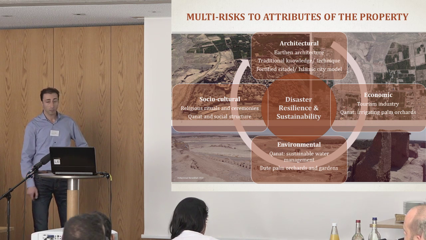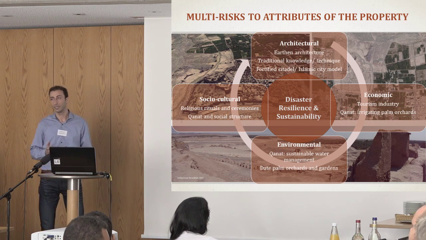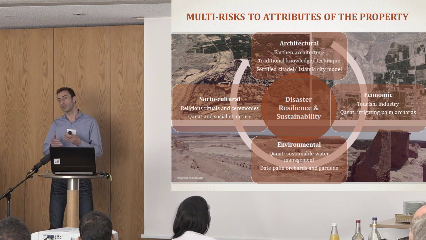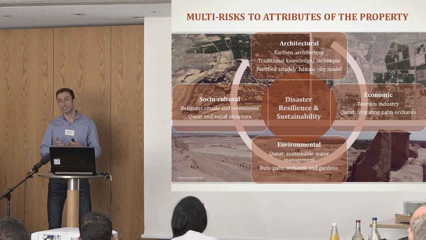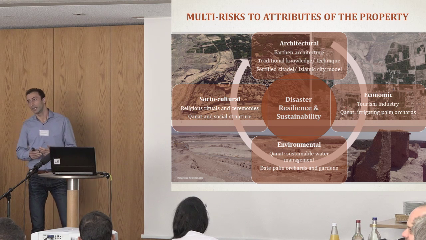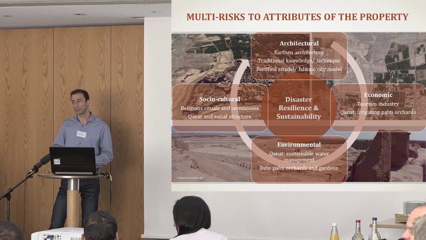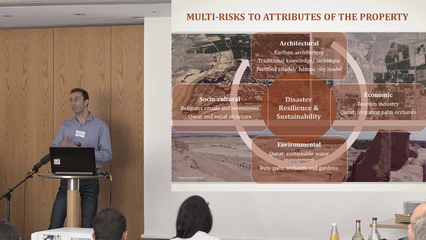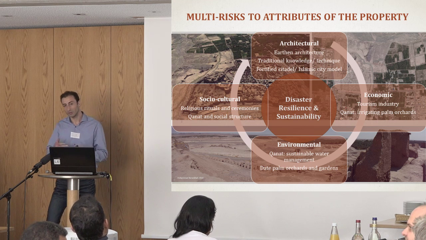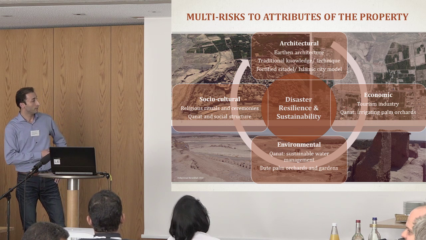And in terms of environmental problems, because the canal is not only an irrigation system for irrigating the gardens, but the canal is, I can say, the symbol of the social structure in the city of Bam, because all the local population collaborated with each other to maintain and repair this canal during history. So this is also the symbol of the socio-cultural aspect in the city of Bam.